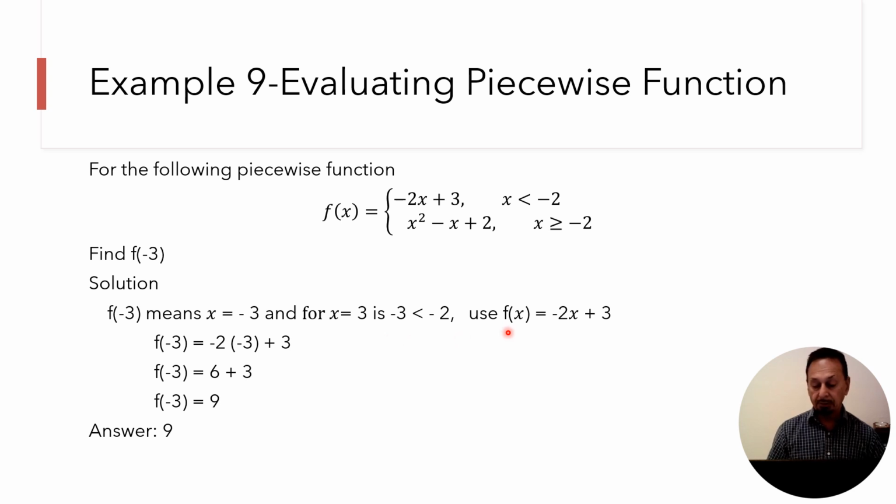We use the first function, f of x equals negative 2x plus 3. So now we substitute where the x is negative 3, so it becomes f of negative 3 equals negative 2 times negative 3 plus 3. Negative 2 times negative 3 becomes positive 6, plus 3, which is 9. So f of negative 3 is 9.